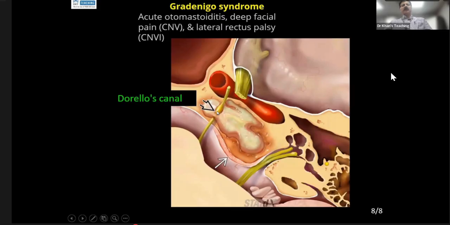The seventh nerve, and you remember the anatomy, because the sixth nerve and the other nerves which go into the cavernous sinus can be involved. So the definitions can be variable.